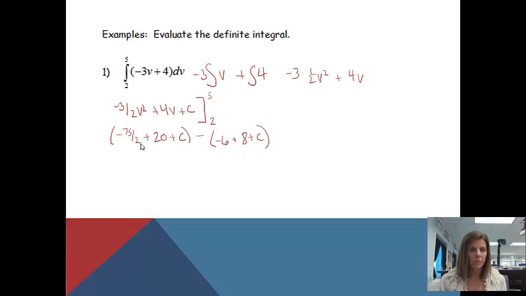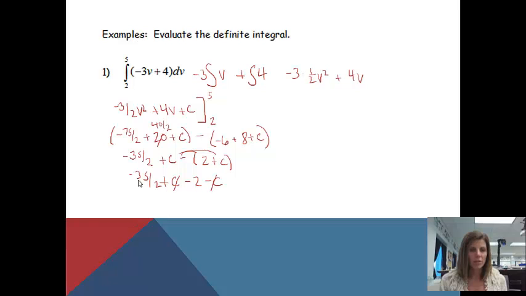And then from here, I'm going to simplify inside of the parentheses. 20 is the same thing as 40/2, so -75/2 plus 40/2 would be -35/2 plus c, minus -6 plus 8, which is 2 plus c. Now I need to distribute that minus to both parts, so I get -35/2 plus c minus 2 minus c.